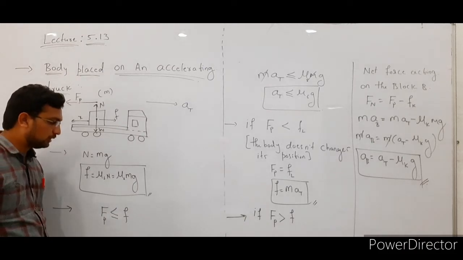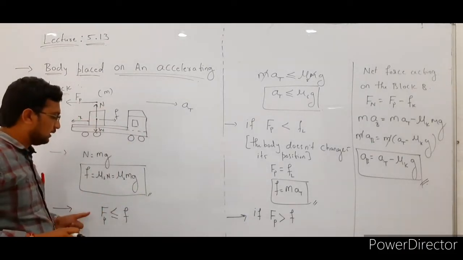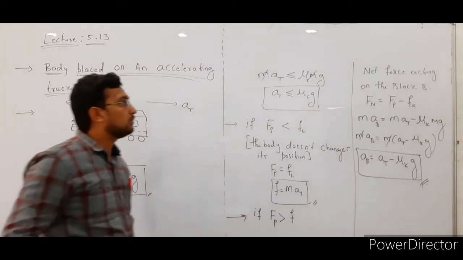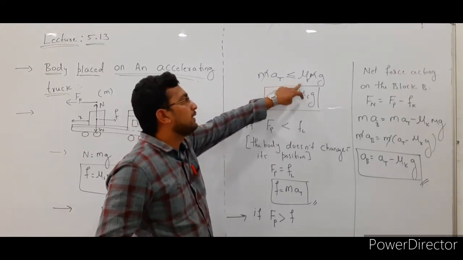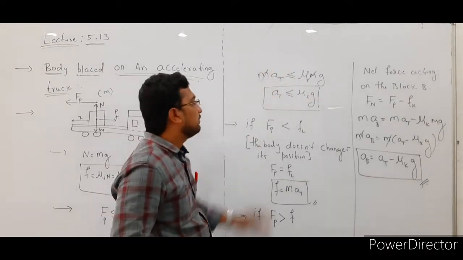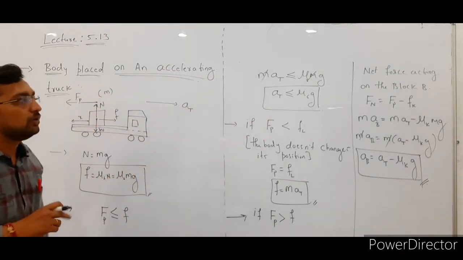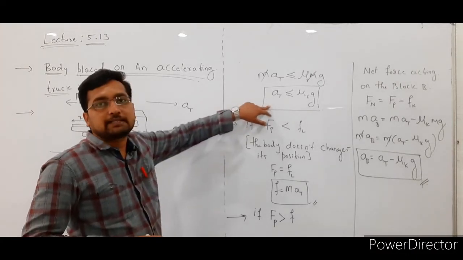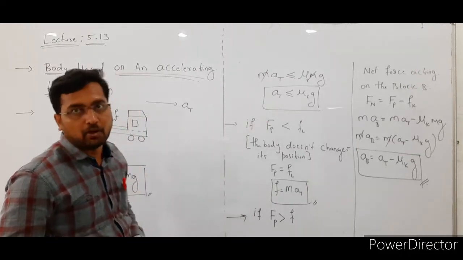If this system is in equilibrium, the pseudo force is less than or equal to the friction force. So the pseudo force, m into A suffix t, is less than or equal to mu suffix s m into g. Here m gets cancelled, then the acceleration of the truck is less than or equal to mu suffix s into g. So this gives the maximum acceleration of the truck which can move without sliding the block, right?